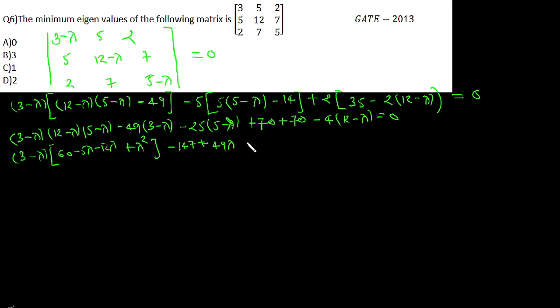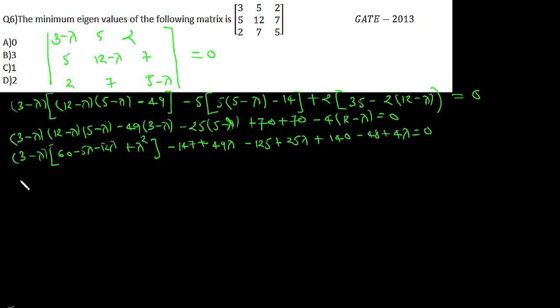Multiplying this gives 125 plus 25 lambda. Then 70 plus 70, 140. Then minus 48 plus 4 lambda is equal to 0.